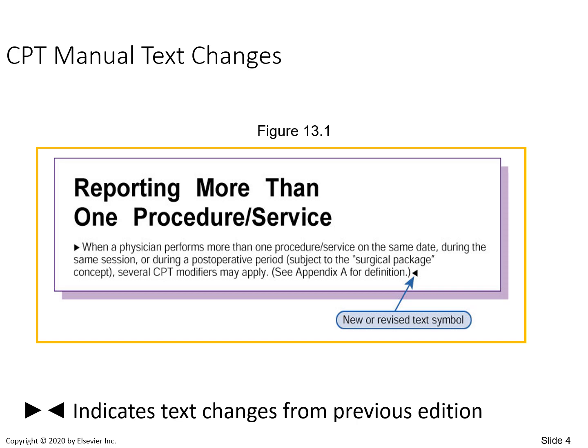So if there's a change in the text, in the CPT description, you will see a little revised text symbol, like 2 triangles facing each other. That means that some of the wording has been changed in that particular code.